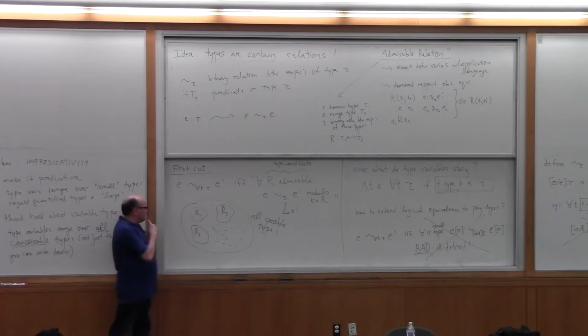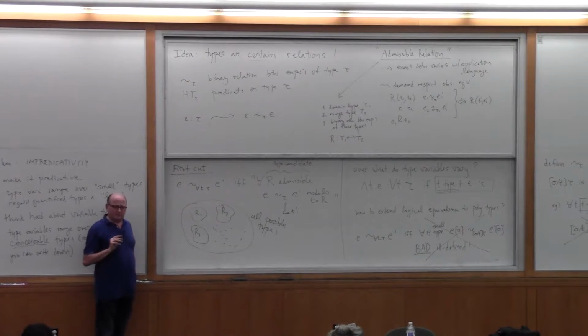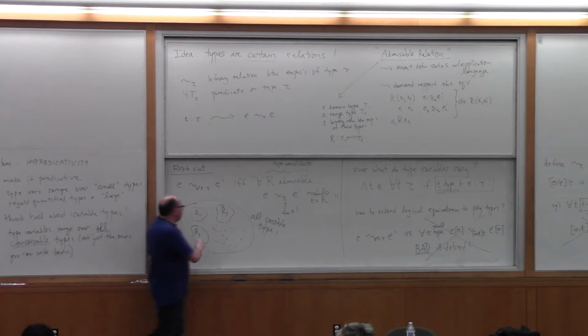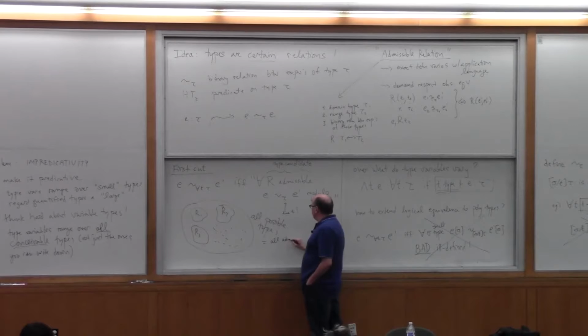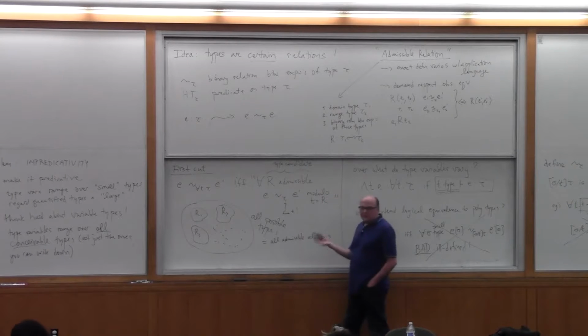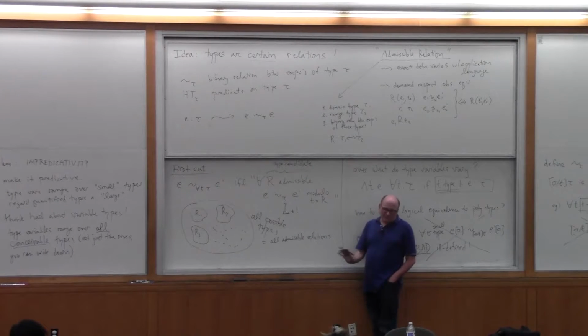It's hard to draw because there's uncountably many. Because what we're doing is we're taking the power set of a countable set, so we're doing 2 to the countable set. So there's uncountably many here. So we can think of this as all possible types equals all admissible relations, which is essentially almost all subsets of a product of terms, that is, pairs of terms.